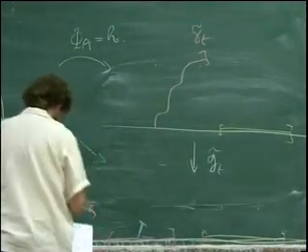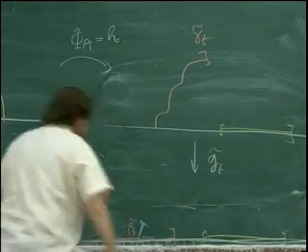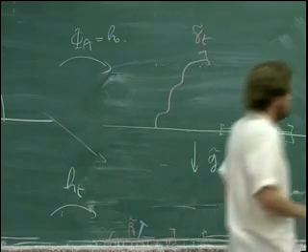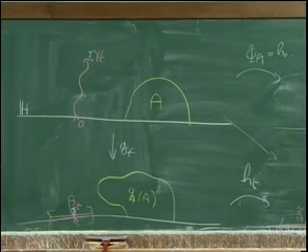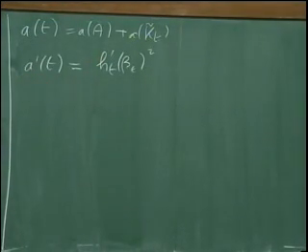This was, of course, beta tilde t here. And so it scales by h', and because of Brownian scaling, what we had is that a'(t) was equal to h_t'(beta_t) squared. So that was the first estimate.